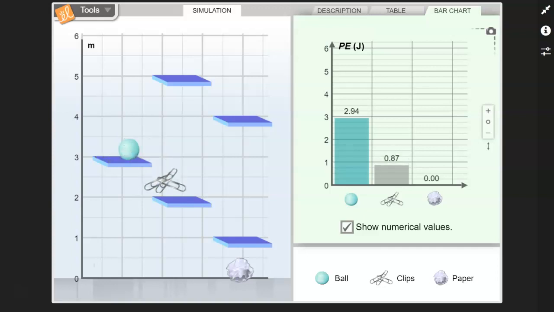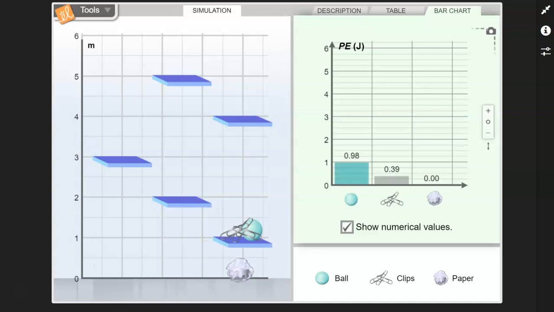Let's put the ball on the second shelf and the paper clips on the second shelf. We will notice that the paper clips still have less gravitational potential energy. And if we put the ball and the paper clips on the first shelf, we can see again that the ball has much more gravitational potential energy compared to the paper clips.